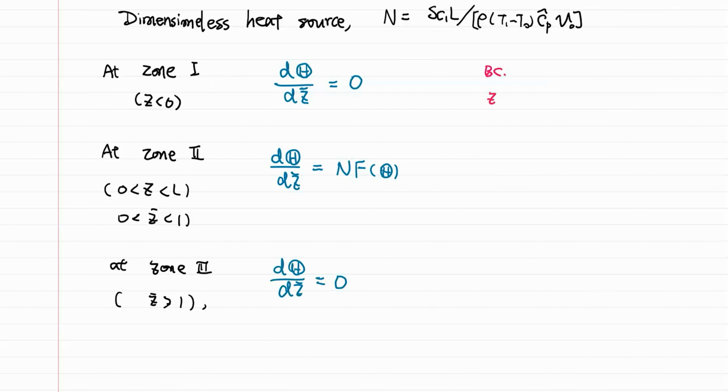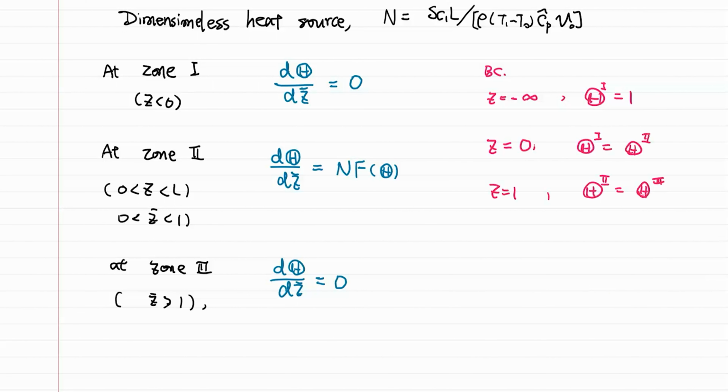When z equals negative infinity, we have the dimensionless temperature in Zone 1 equals 1. When z equals 0, we have the dimensionless temperature equal in both Zone 1 and Zone 2. And when Z equals 1, we have Zone 2 equals Zone 3.